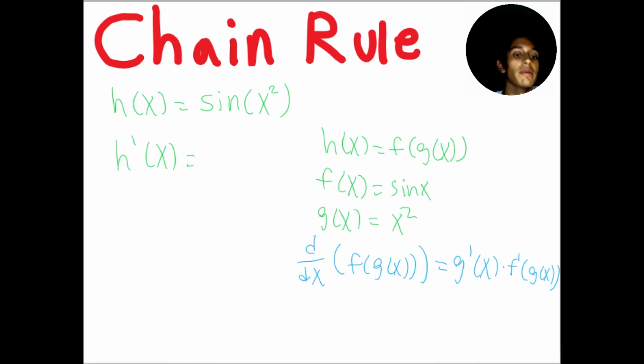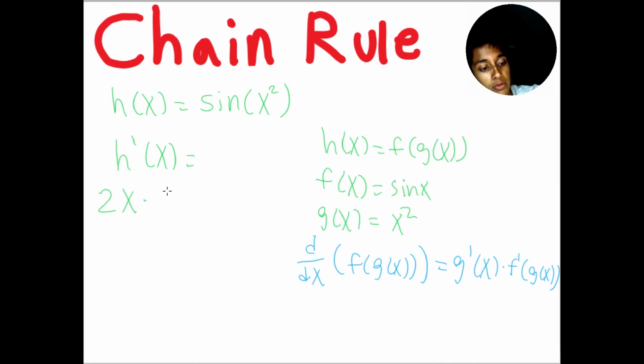So h prime of x is equal to g prime of x, which is, if g is x squared, what is the derivative of x squared? Well, according to the power rule, it's 2x. So h prime of x equals 2x times f prime. So what is f prime? Well, if f of x is sine of x, one of our trigonometric derivative properties says that the derivative of sine x is equal to cosine x.